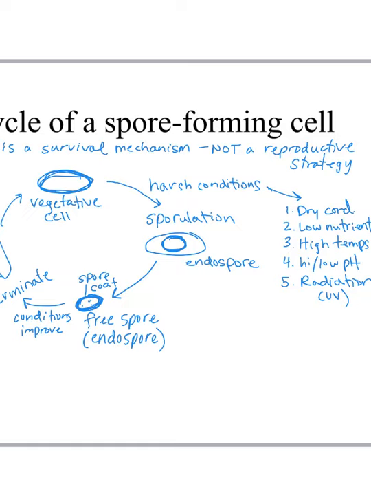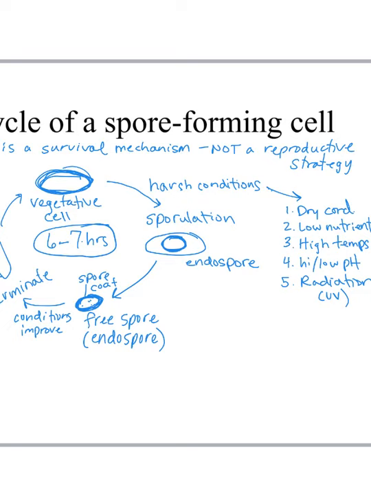Keep in mind this spore cycle takes somewhere between 6 and 7 hours. There's a little variation there. So, if you throw some vegetative cells into boiling water, they're going to die, because they can't sporulate fast enough to withstand those conditions.